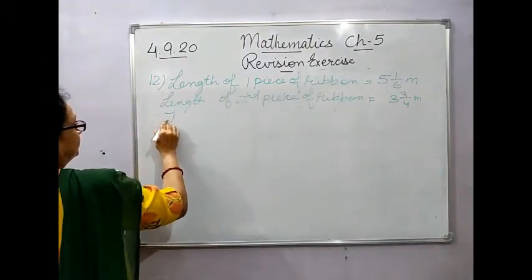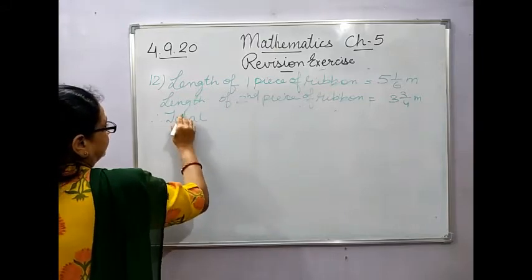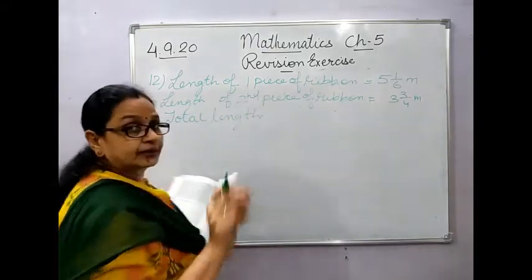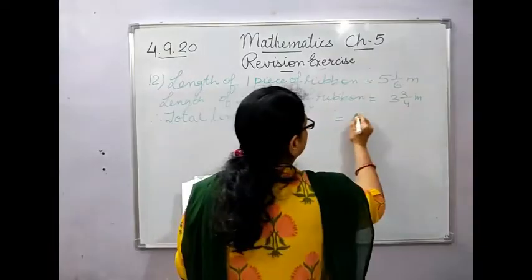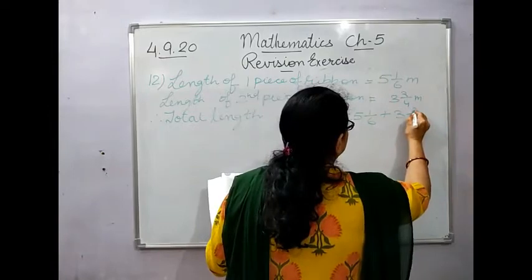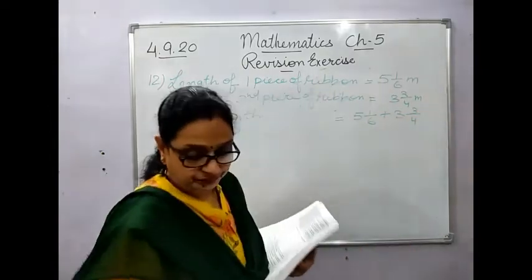Therefore total length, how long is the whole ribbon, that you have to add: 5 1/6 plus 3 3/4.